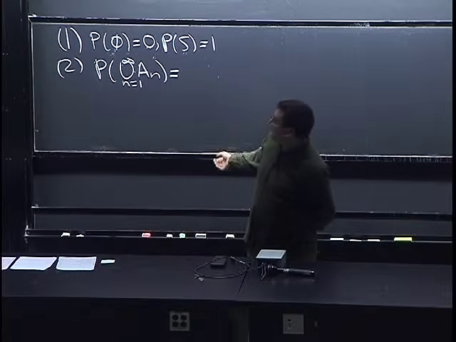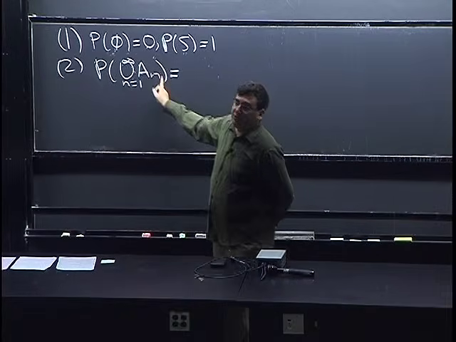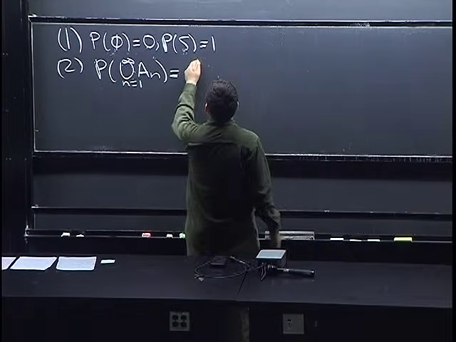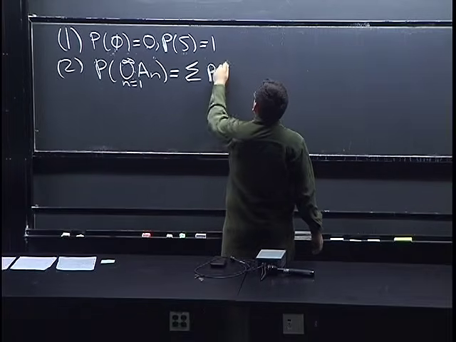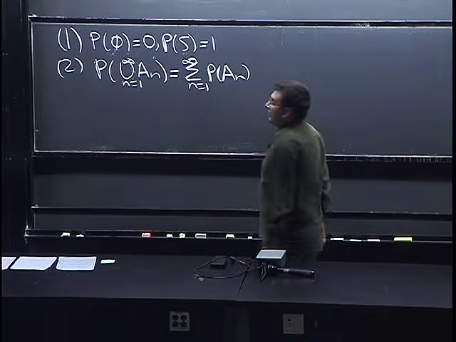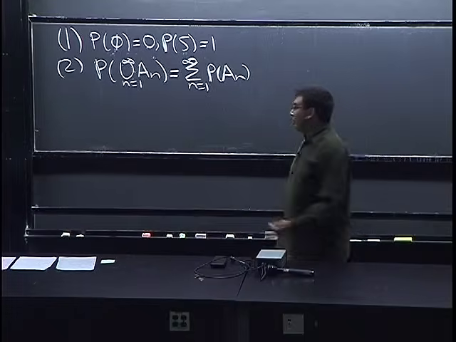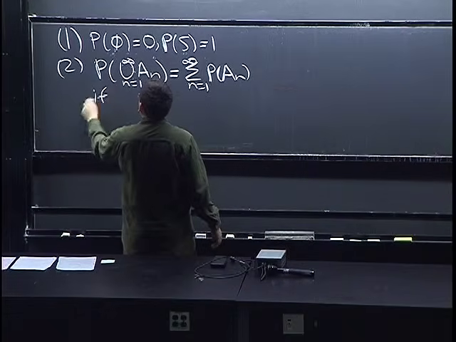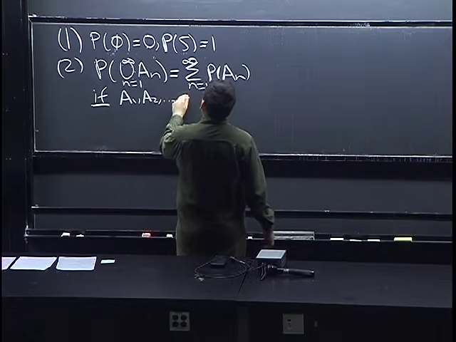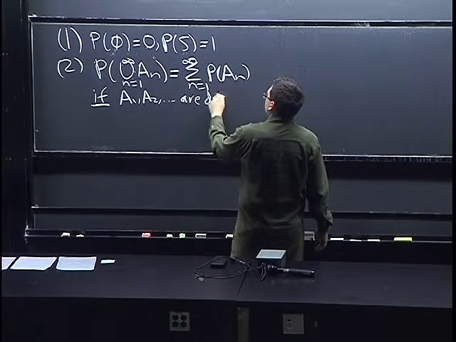I'm just going to write it this way because it's more general, but you should know that this also applies in the finite union case. It equals the sum of P of A_n, n equals 1 to infinity. And then there's a very, very important condition: this holds if A_1, A_2, and so on are disjoint events. That is, they don't overlap.